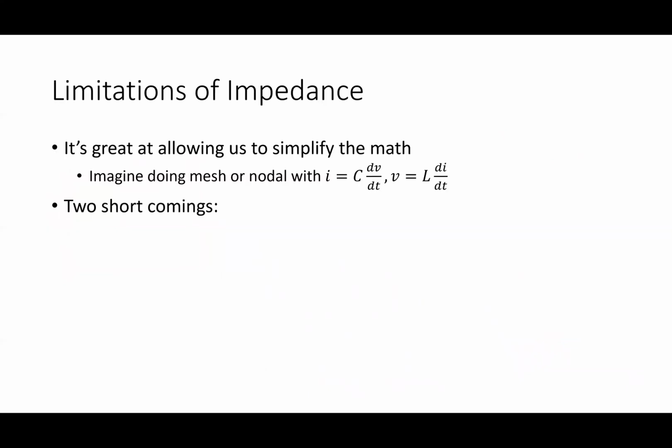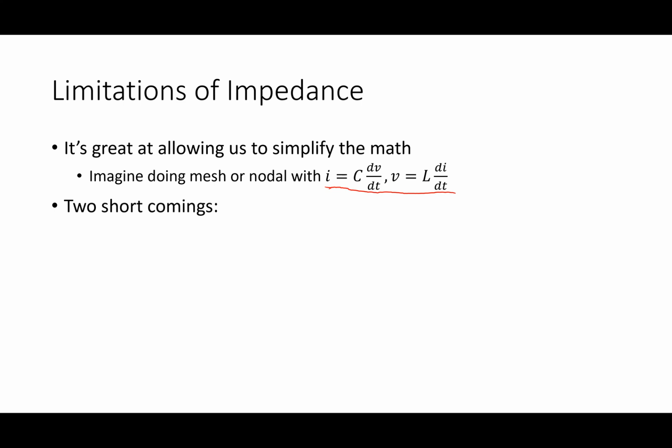All right. But we had these relationships with these impedances, right? The benefit of impedance is it allowed us to simplify the math greatly, okay? So imagine doing mesh or nodal with I equals C dV/dt and V equals L di/dt. All right, it'd be a disaster. It's great because it simplifies the math.